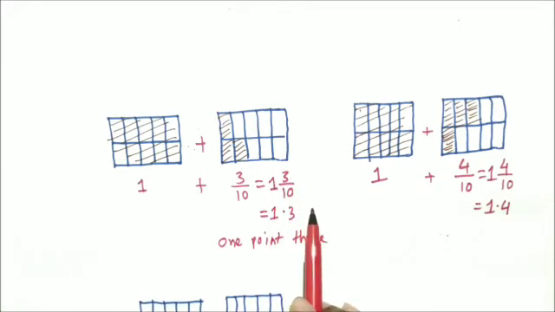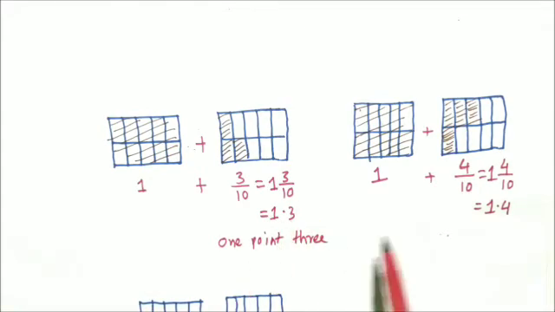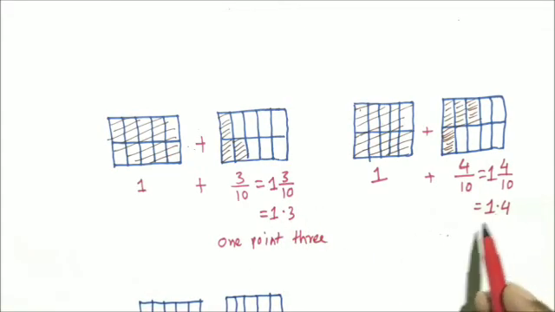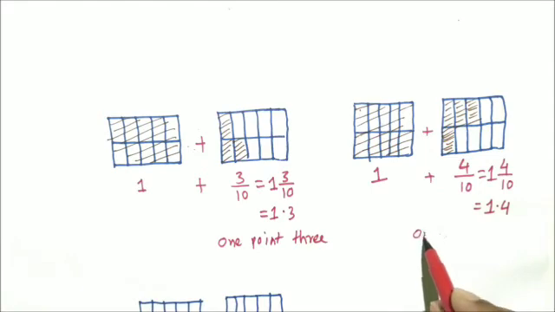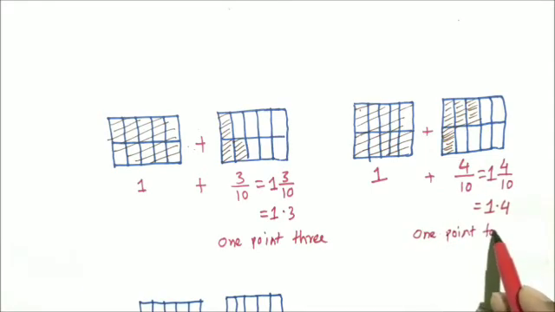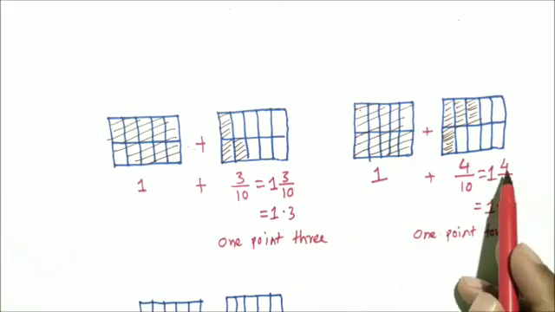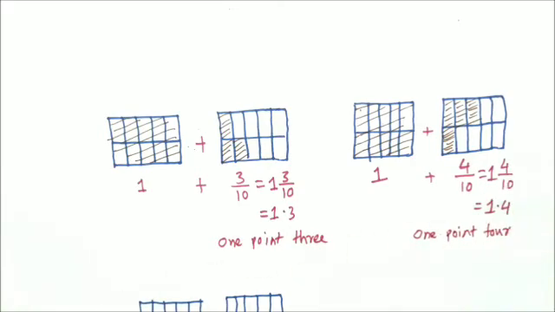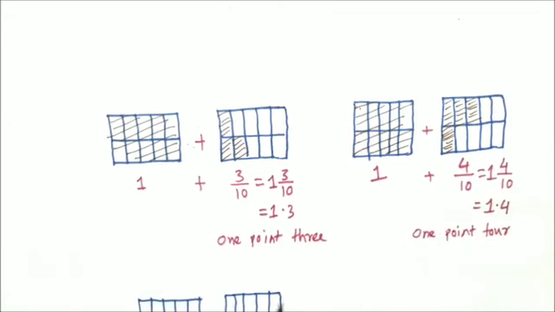Yeah, 1 and 3/10 you can write, or you can read. And similarly in here you can read it as 1.4, and this is 1 and 4/10. Now you come to this figure.